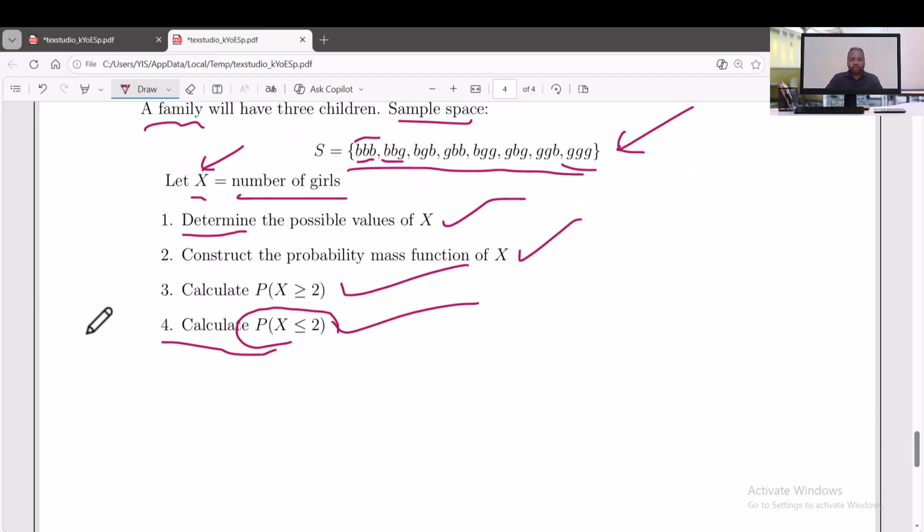We count the outcomes with 2 girls, 1, 2, 3, and below, 1, 2.